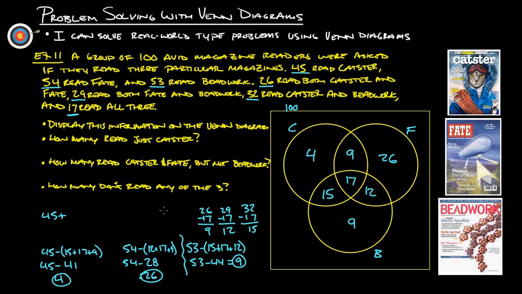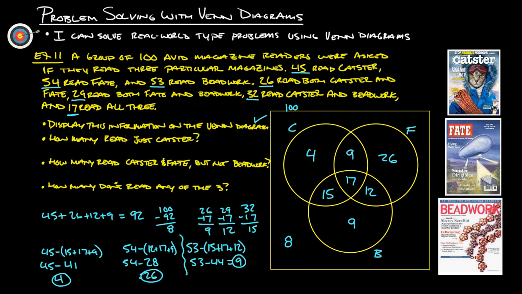So let's add 26, 12, and 9. And what does that give us? That gives us a total of 92. So if we take 100 minus 92, there are 8 people that don't read any of those. Once we get this all filled in with all the numbers, all these questions become much, much easier.